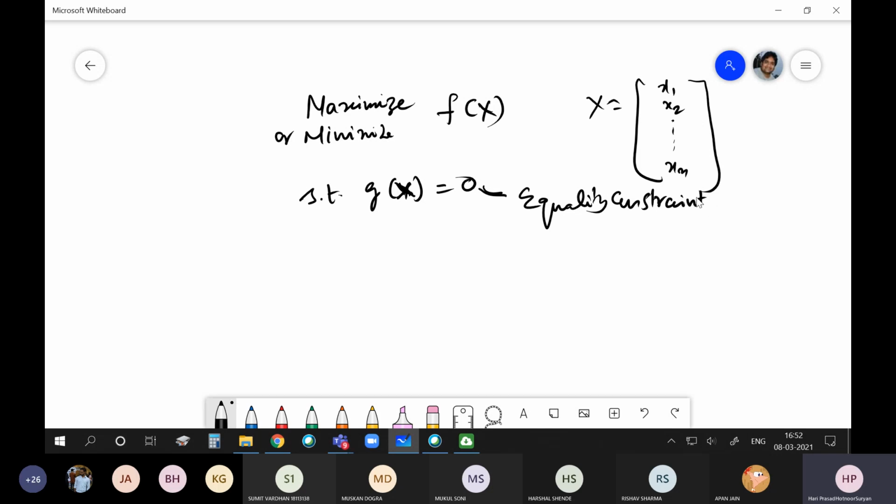Okay, so how can we solve this? Now I have some restriction on the values which x1, x2, xn can take. Whatever x1, x2, xn you get should not only satisfy the optimization, it should also satisfy this constraint, g of x is equal to 0.